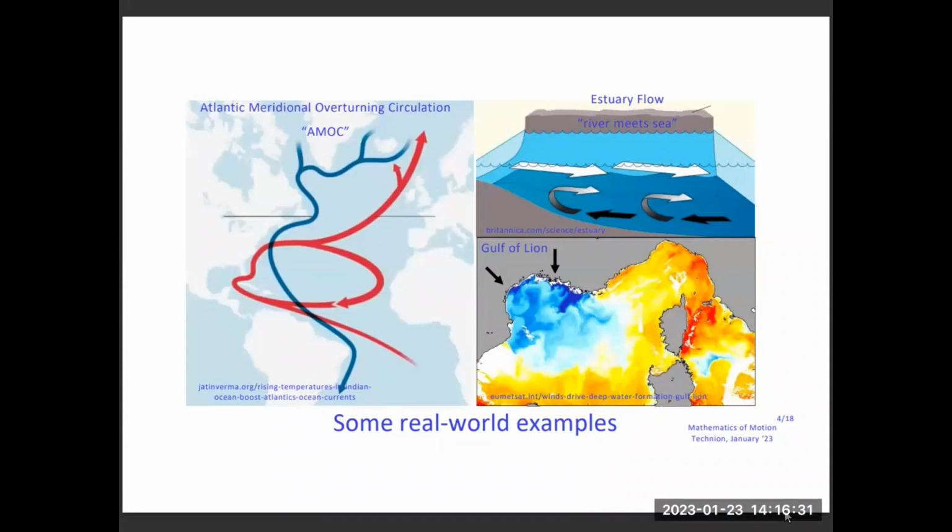So what are some real world examples of this type of density-driven flow? One situation is called estuary flow, where a freshwater river meets a salty sea. We have a difference in density that results in an overturning flow.